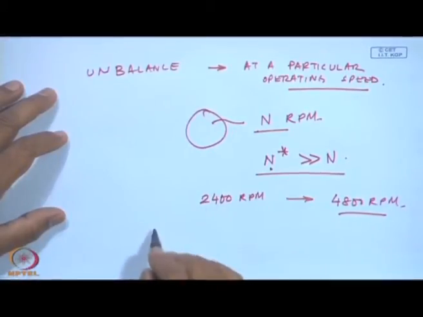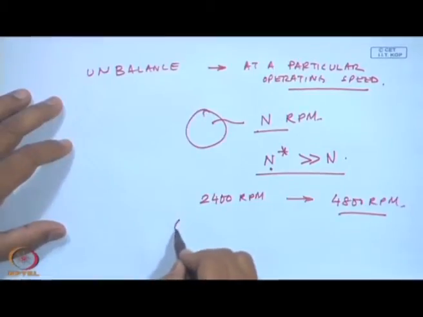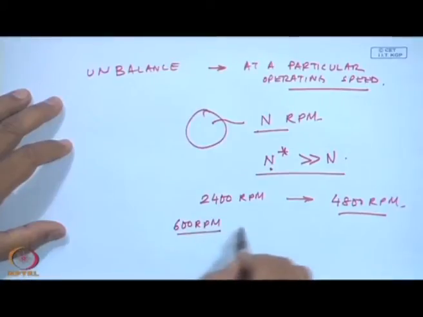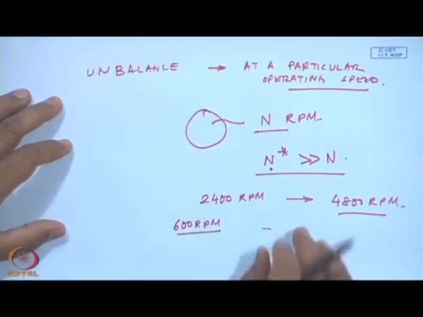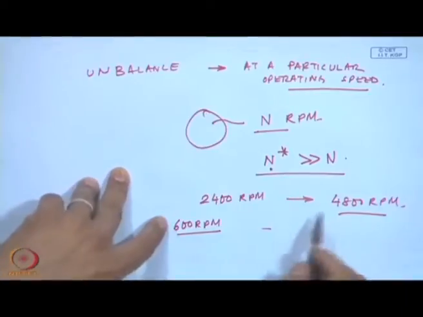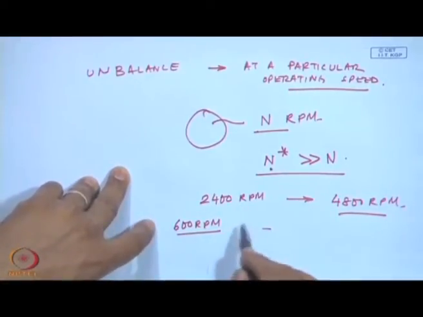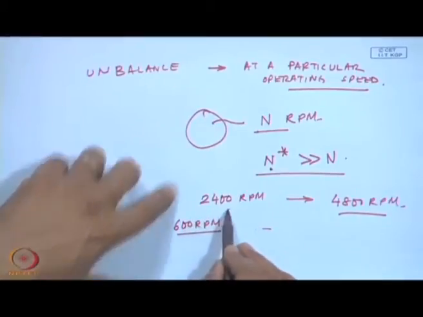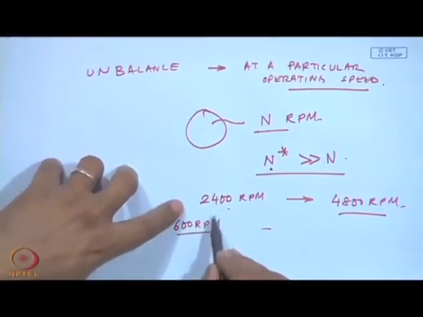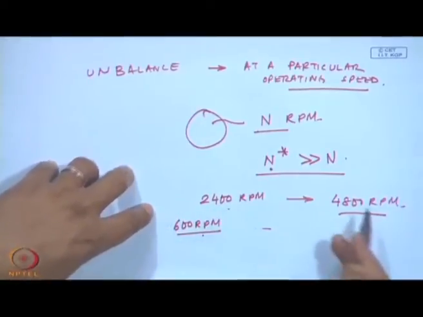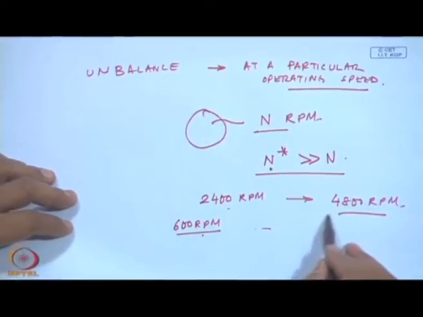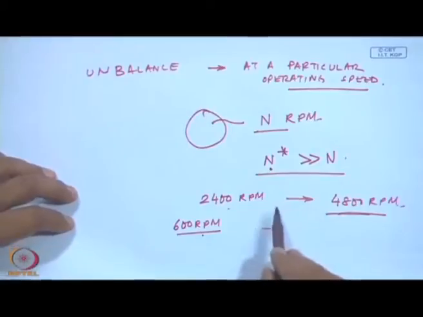So, the best rule of thumb is, suppose it is operating at 600 RPM, you also balance it at 600 RPM. But usually there is a problem that we do not have high speed balancing machines. So, usually people try to balance at a lower RPM and then operate it at a higher RPM. But we have to be careful that we do not run it at too much higher a speed than it was intended to be balanced for.